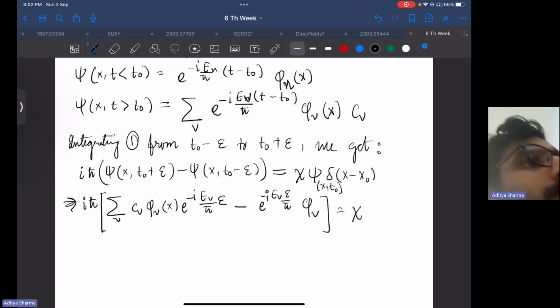Except t naught will be chi at t naught, which means phi should be continuous, so phi at t naught will be just.